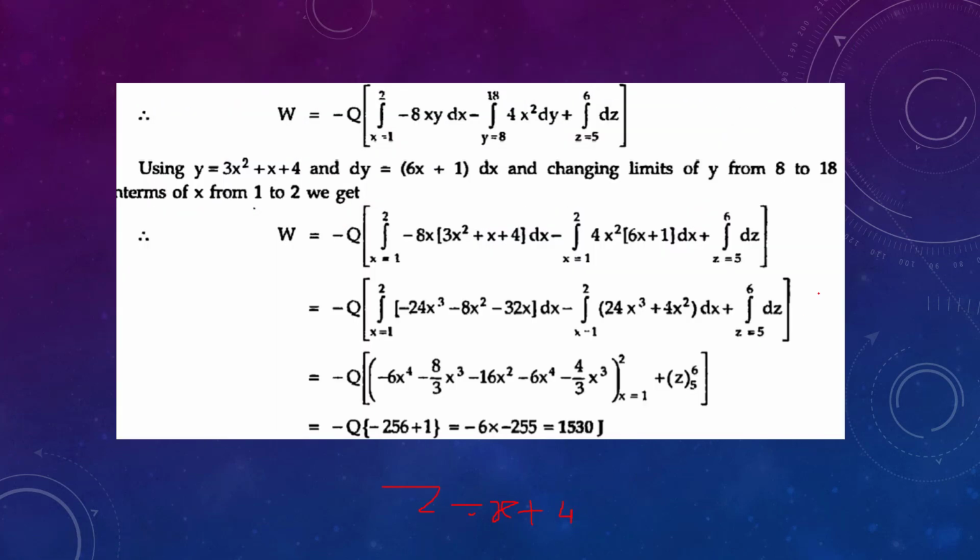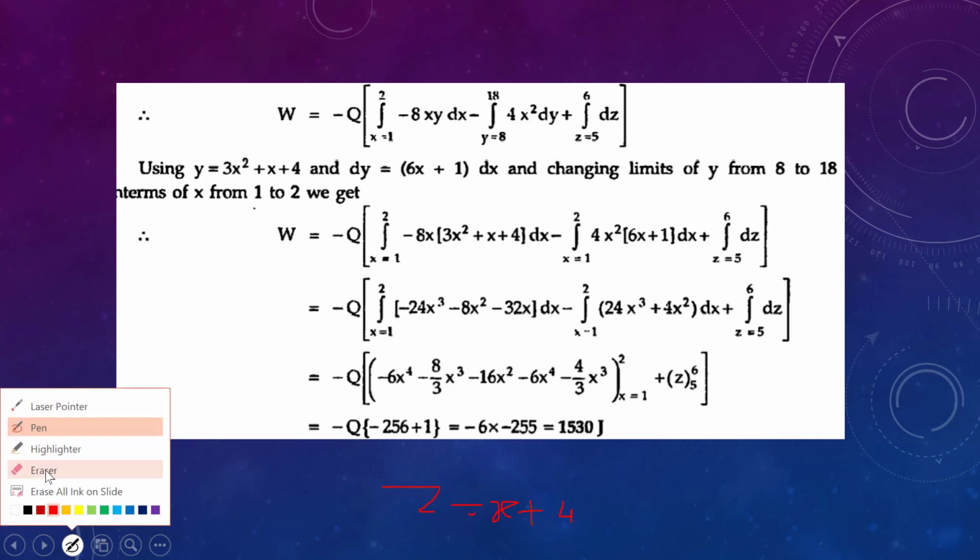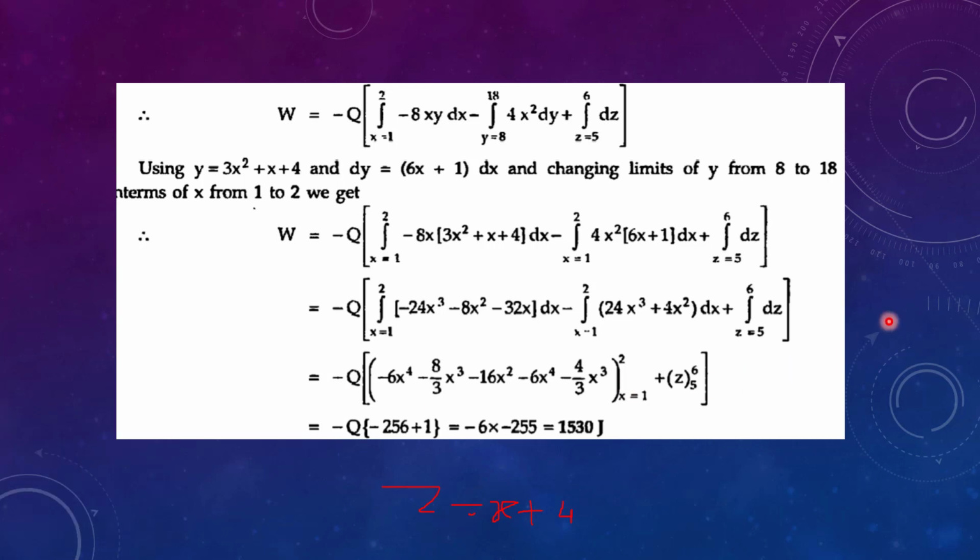Okay, so in this case we can change this dz parameter also. You can find out what dz is from this equation. So dz is equal to dx, right? Because if you differentiate both sides of this equation, then dz is equal to dx plus 0.